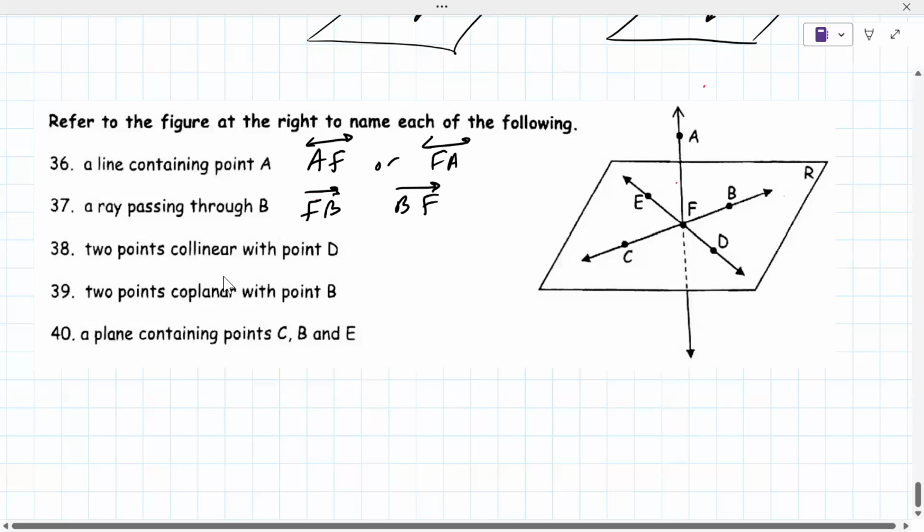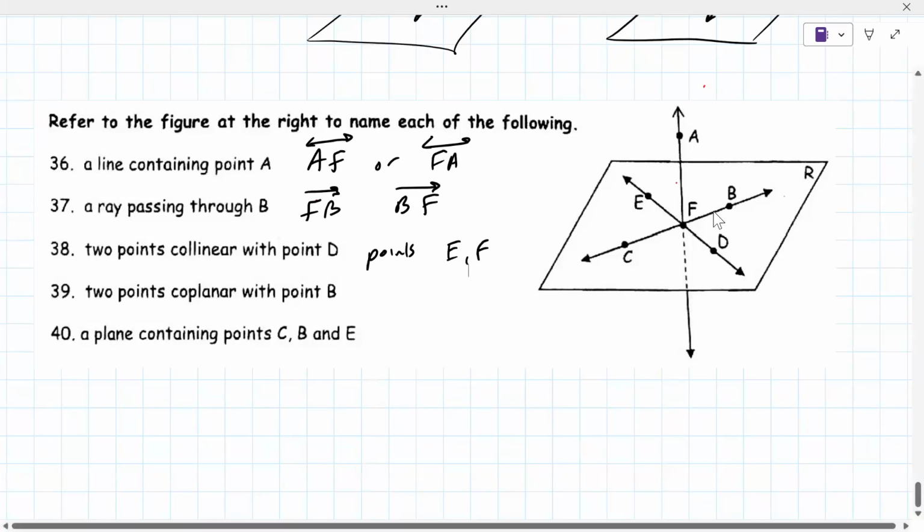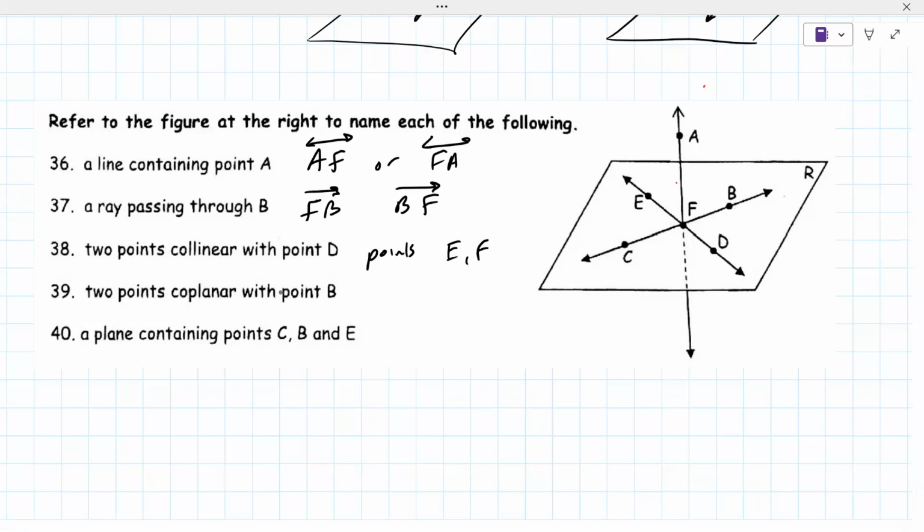That means they're on the same line as D. On the same line. F and E. Good. All right. And two points coplanar with B. Coplanar with B just means they have to be on the same plane. They don't have to be on the same line. They just have to be on the same plane. D and F. There's actually a bunch.